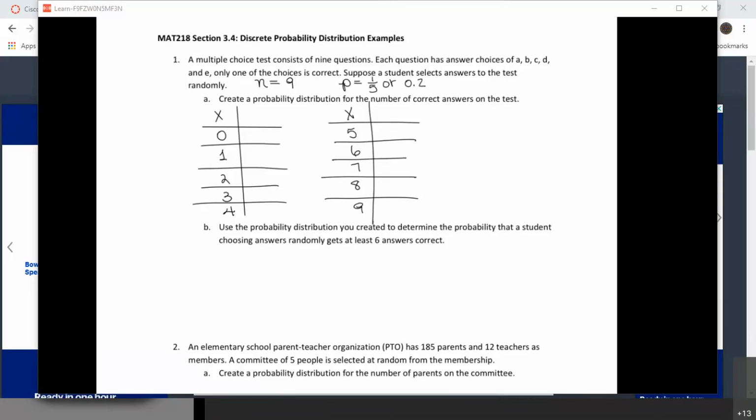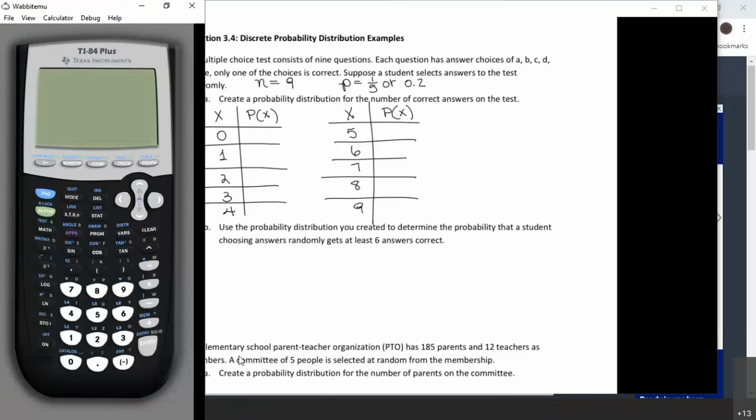That means if I want to figure out the probability of these successes, I can use binomial PDF on my TI-84. Let me just show you. Turn it on. I'm not going to do them all, don't worry. I'm going to go to distribution, so that's second VARS, and binomial PDF is down the list.